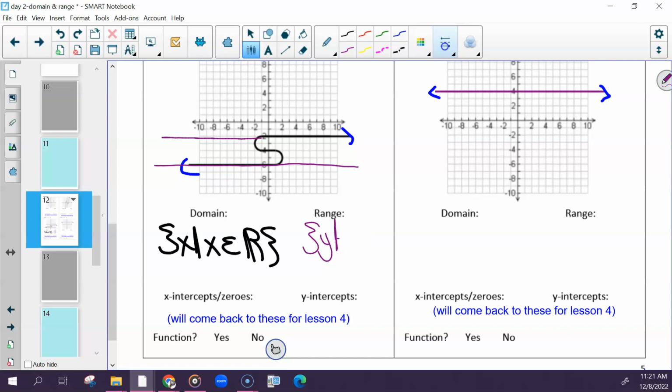So how would we write our range? Victoria, go ahead. -6 is less than or equal to y, which is less than or equal to -2. So sometimes they'll be different. Like one will have something to do with arrows, and one technically has endpoints, but not at the same time. So it really just depends on what the function or graph looks like.